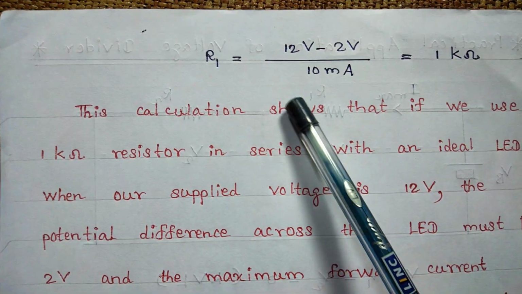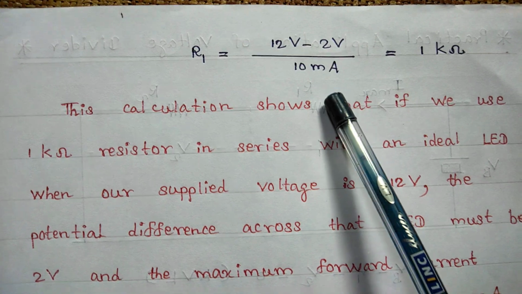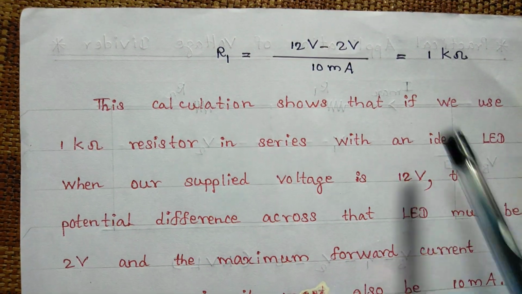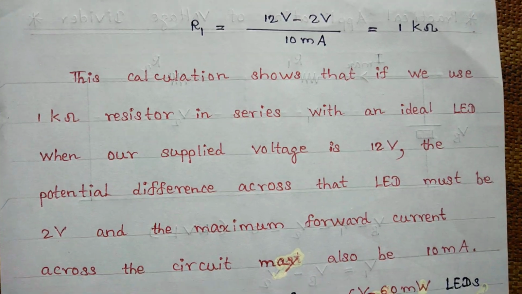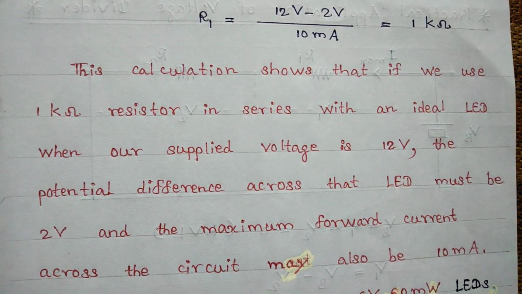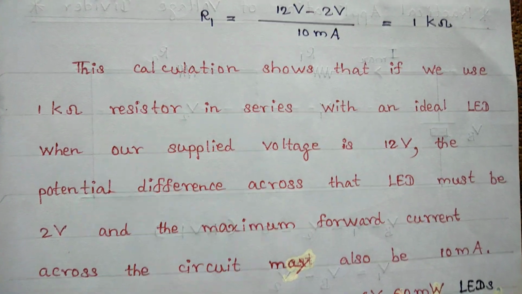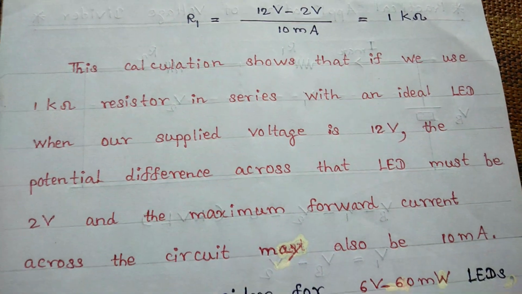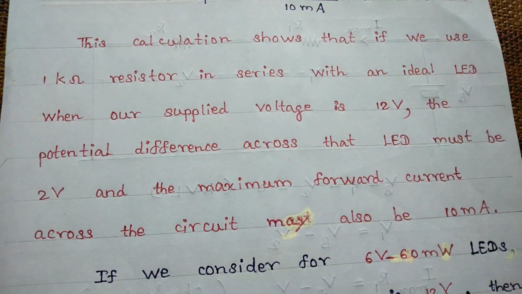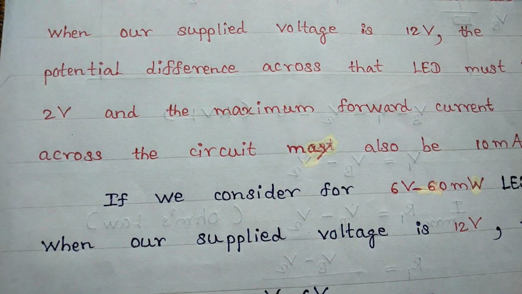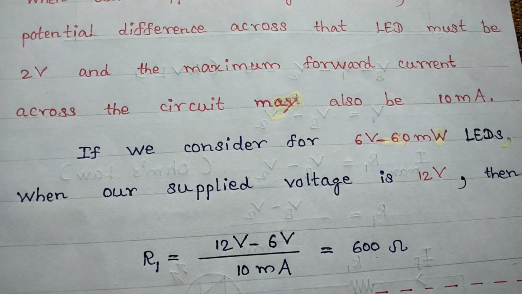So R1 equals 12 volts minus 2 volts divided by 10 milliamp, which equals 1 kilo ohm. This calculation shows that if we use a 1 kilo ohm resistor in series with an ideal LED, when our supply voltage is 12 volts, the potential difference across that LED must be 2 volts and the maximum forward current in the circuit will be 10 milliamp.